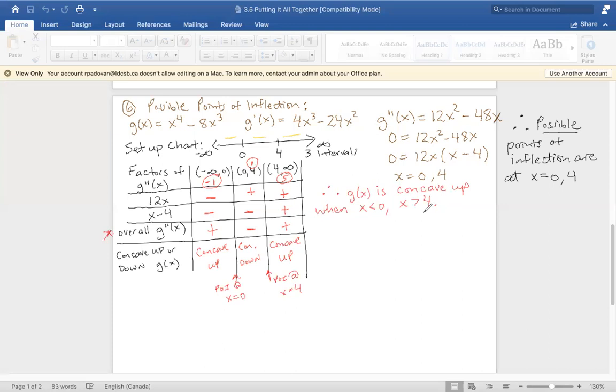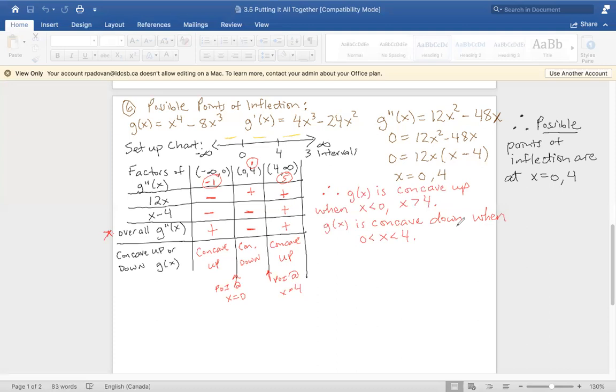If these inequalities don't work for you, you can write it out the other way: x belonging to this interval and x belonging to this interval here. And g of x is concave down when, take a look at the chart, just in between, within that interval. So when x is between 0 and 4, not including those numbers.